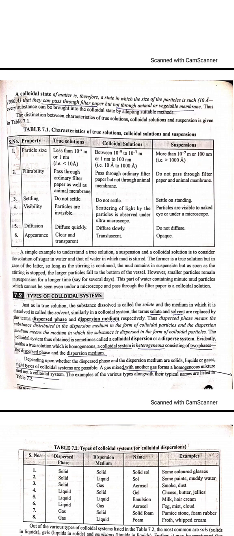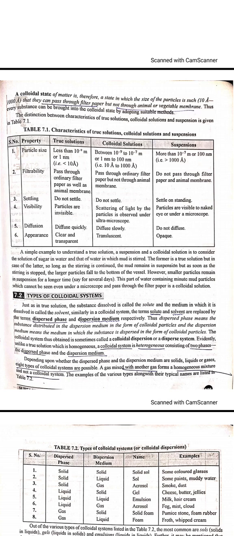The distinction between characteristics of true solutions, colloidal solutions, and suspensions is given in table 7.1. First, the differentiation is on the basis of particle size.